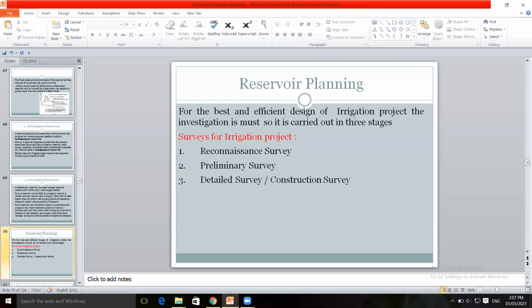To decide a particular type of reservoir, it may be storage reservoir or flood control reservoir or multi-purpose reservoir or distribution reservoir, what are the surveys to be carried out? What investigation is to be done to decide a type of reservoir? How is the reservoir planning done?